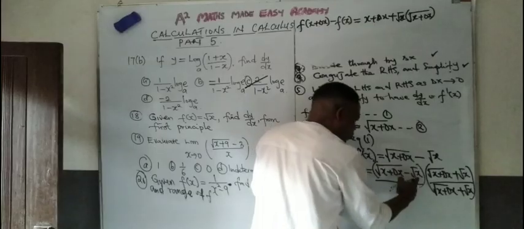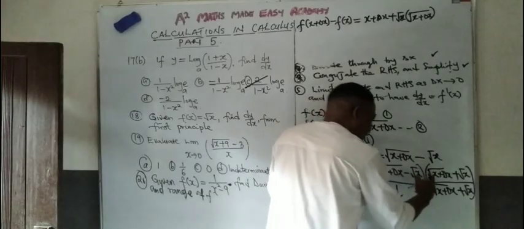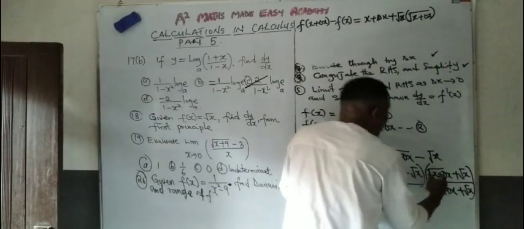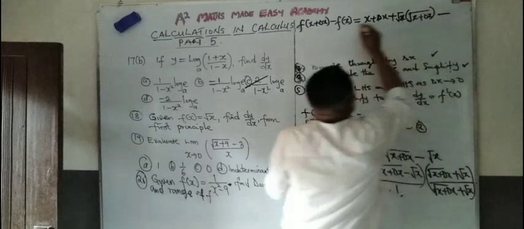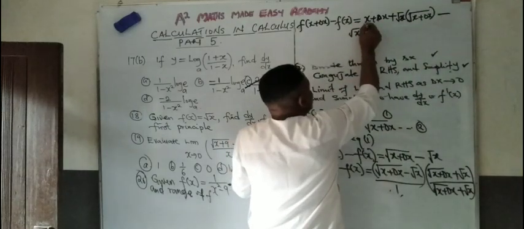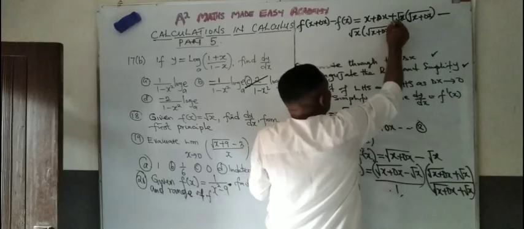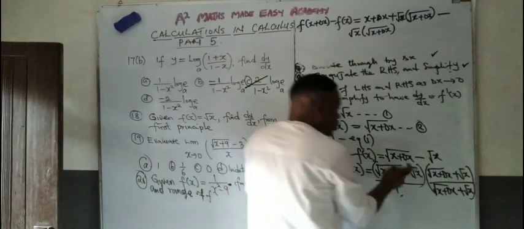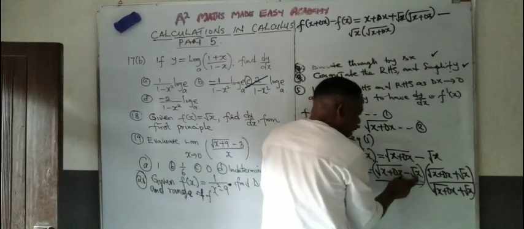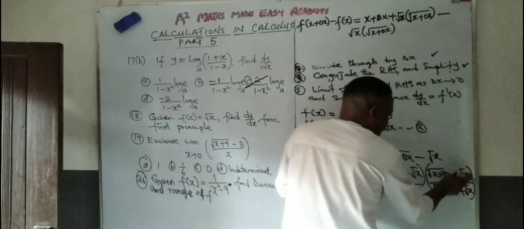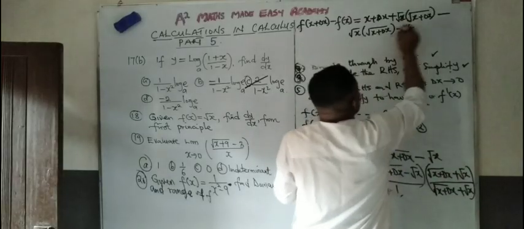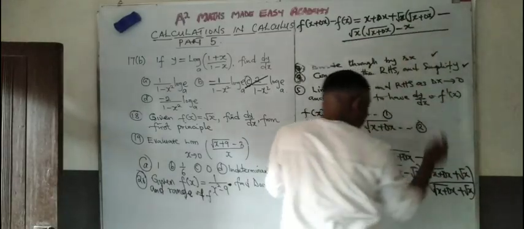Now minus square root of x times square root of x plus dx will give me minus square root of x, open bracket, square root of x plus dx, close the bracket. Then to the numerator finally, minus square root of x times plus square root of x will give me minus x.